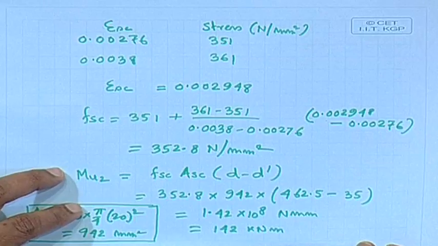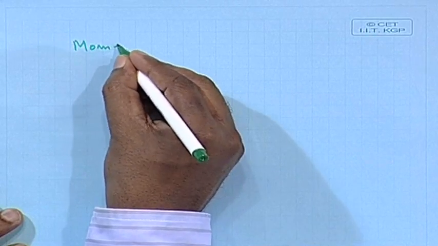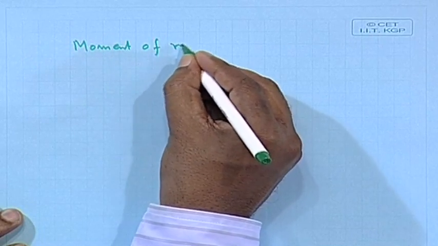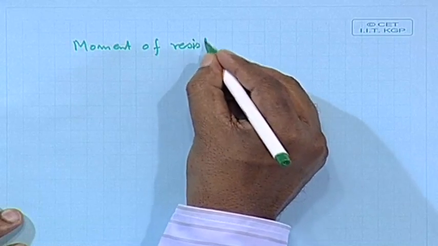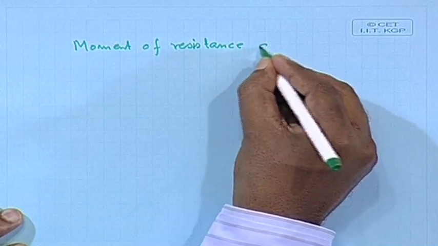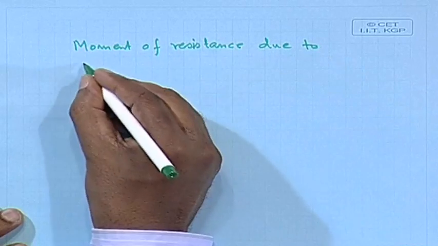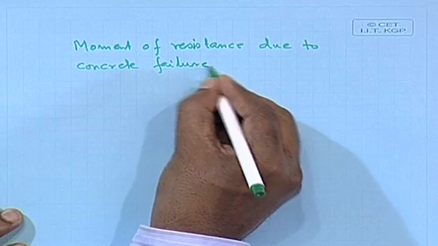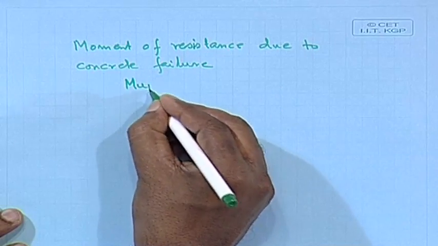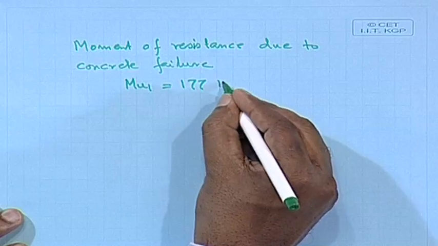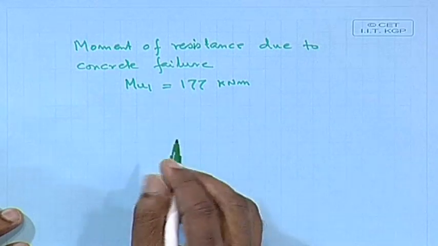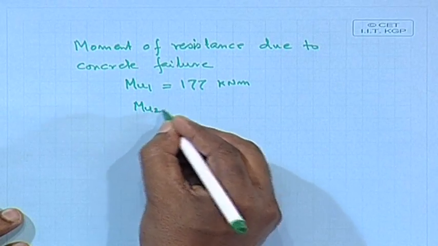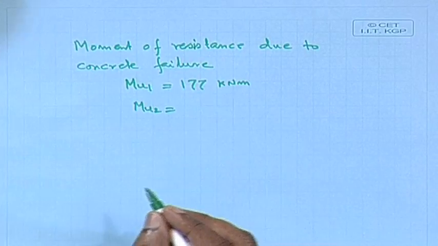So, we have got 142 kilonewton meter. Mu1 how much? Moment of resistance due to concrete failure, mu1 equal to 177 because this is a balanced section, and mu2 we have computed 142.